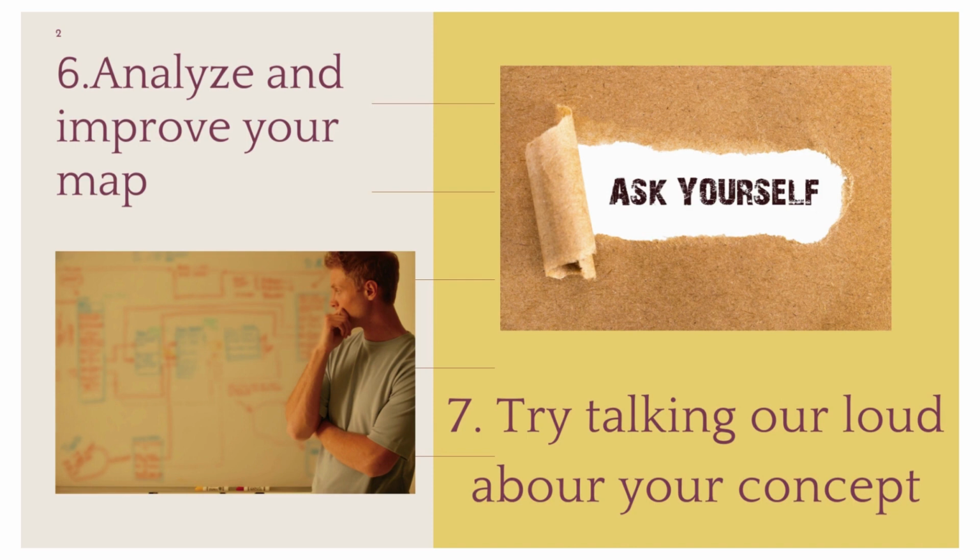And number 7, try talking out loud about your concept. So if you can just look at your concept map and discuss it on your own and you understand it, then that's the time that you have clearly understood what the major topic is.